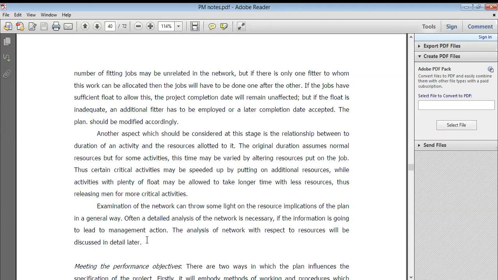So examination of the network means every day, whatever work you have completed is audited, meaning examined. Whatever tasks you were given, whether you completed them on time, the finishing of work, and whether you have submitted the quality of work or not, they check every day.